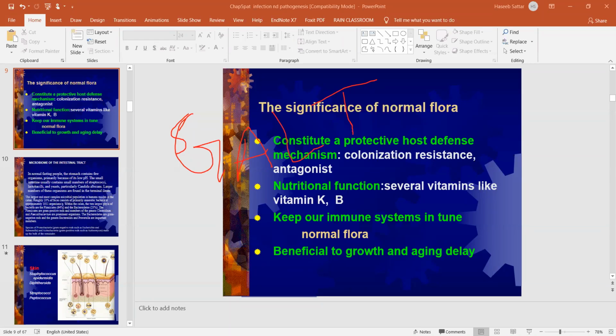We know that CD4 and CD8 cells are our immune cells, as well as T helper cells. Those people who do not have the microbiome in their gut will not have active CD8 lymphocytes.